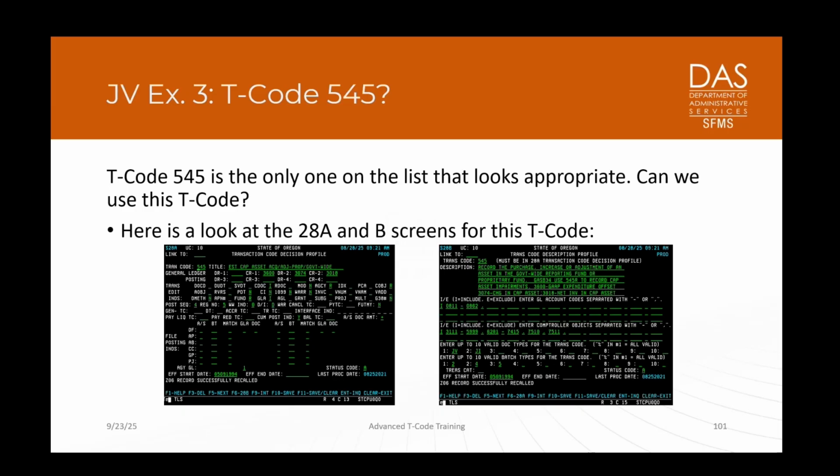Looking at the 28A screen, you will see that this T code will allow you to choose a GL for the debit. It is a little small and harder to see, but again, you see the GLs allowed on the 28B screen. It is the important information for us to pick the right T code.